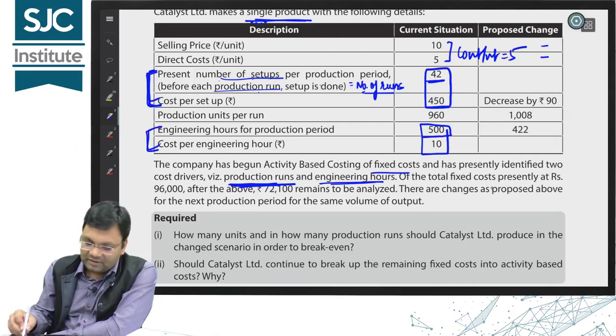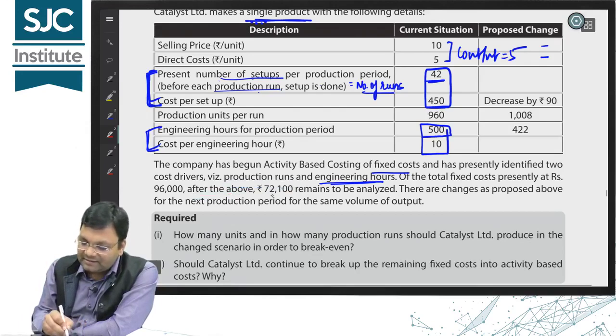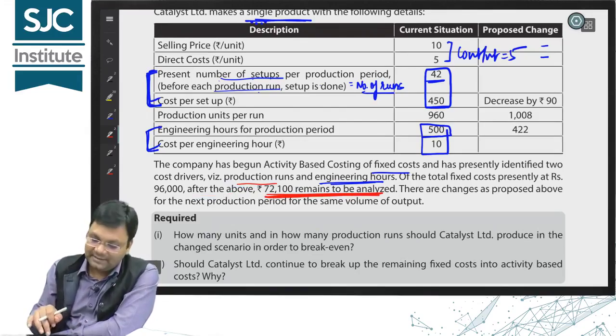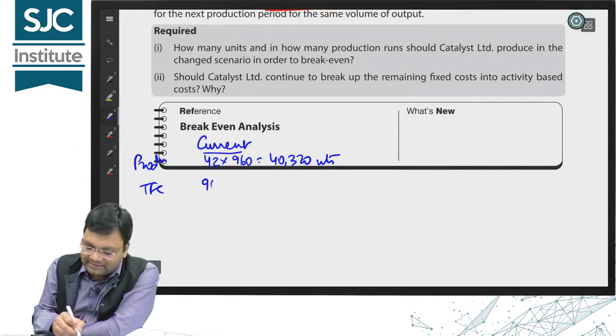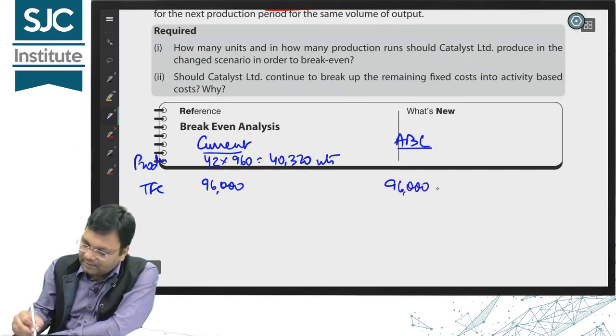Of the total fixed cost, presently rupees 96,000, after the above, 72,100 remains to be analyzed. Remains to be analyzed means it is still unanalyzed. So in the current system total fixed cost is 96,000. In the ABC system, this 96,000 is broken into three heads: one for production run, another for engineering, and third for unanalyzed fixed cost.